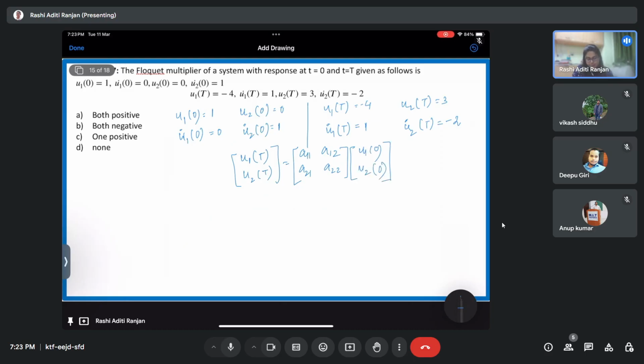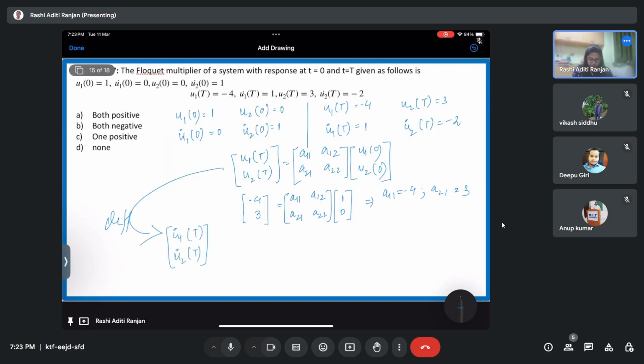If we put the values, we are going to get 3. Differentiating this equation with respect to time, we are going to get u1 dot at t, u2 dot at t equals a11, a12, a21, a22 times u1 dot at 0, u2 dot at 0.